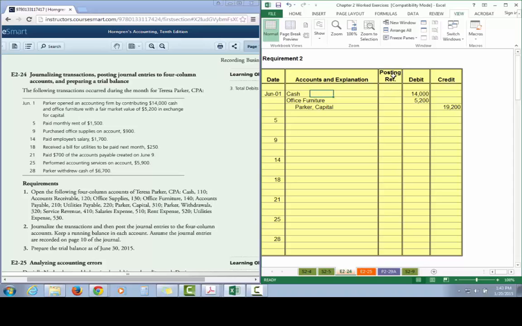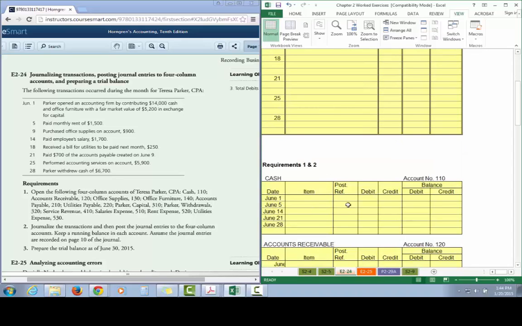Now, this posting reference here, in your book, it has it posting for the account number. So this is where the entry would be posted. So cash is account 110, as it told you to open, and office furniture is 140, and the capital is 310. Now in practice, typically this would say journal entry reference, and this would be like a journal entry number. So this would be journal entry 1.